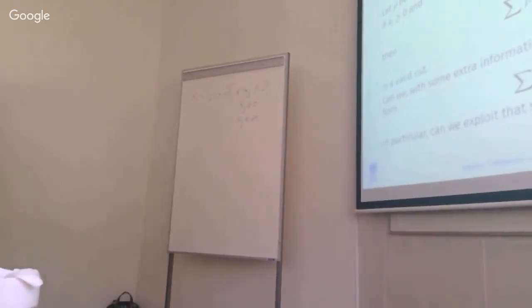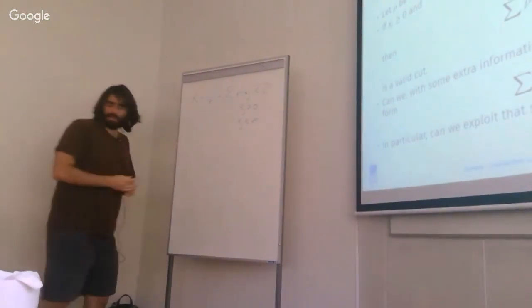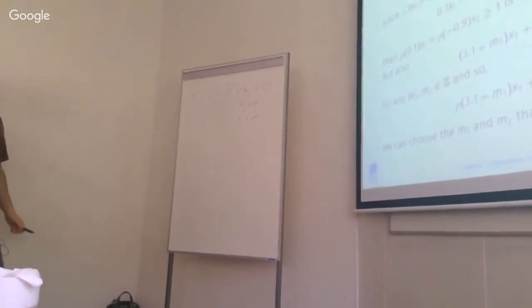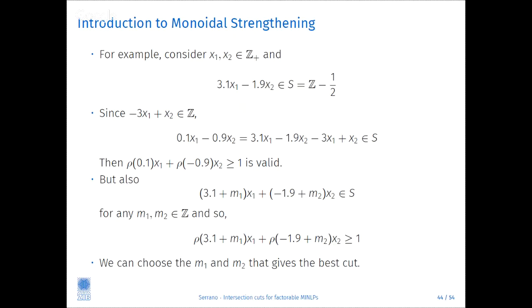Okay. So the idea of monoidal strengthening is this. Suppose we solved the relaxation, and after replacing the basic variable by the tableau row, we get a constraint saying this expression has to be in the set Z minus a half. And suppose now the non-basic variables are integer.